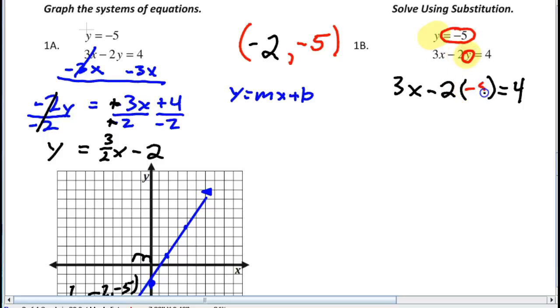So I'm going to put negative 5 right there. And then I can solve that, and I should get the same answer, negative 2. So that's a nice thing. When you already have one answer, they should match. So I'm expecting to get a negative 2 for x. And so let's go through, and negative 2 times negative 5. Go. And if you know how to solve it on your own, just go ahead.